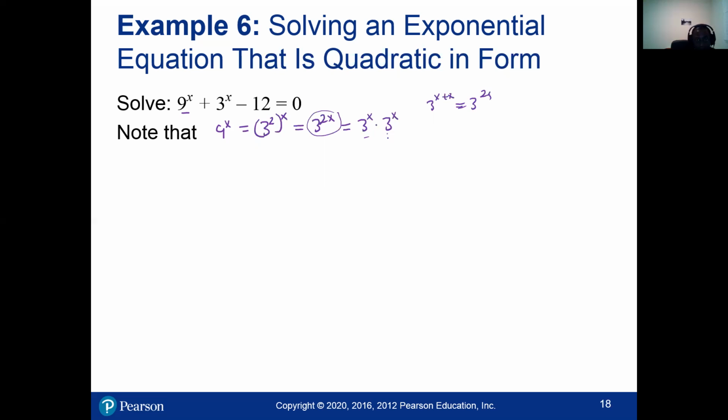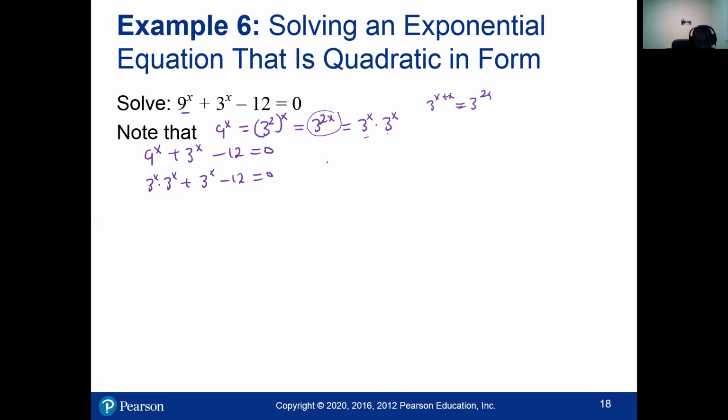Okay, so then we're going to use the substitution method. This is going to be quadratic because of the substitution. The equation 9 to the x plus 3 to the x minus 12 equal to 0 becomes 3 to the x times 3 to the x plus 3 to the x minus 12 equal to 0.